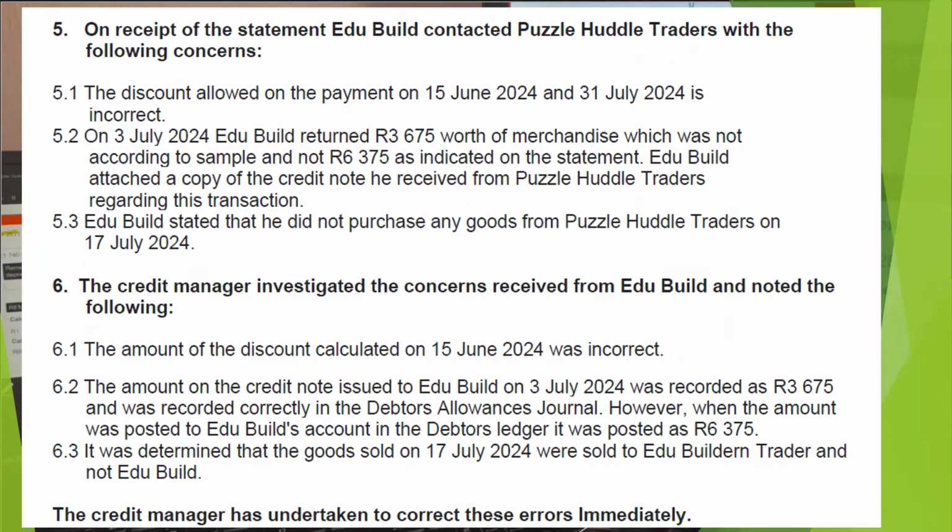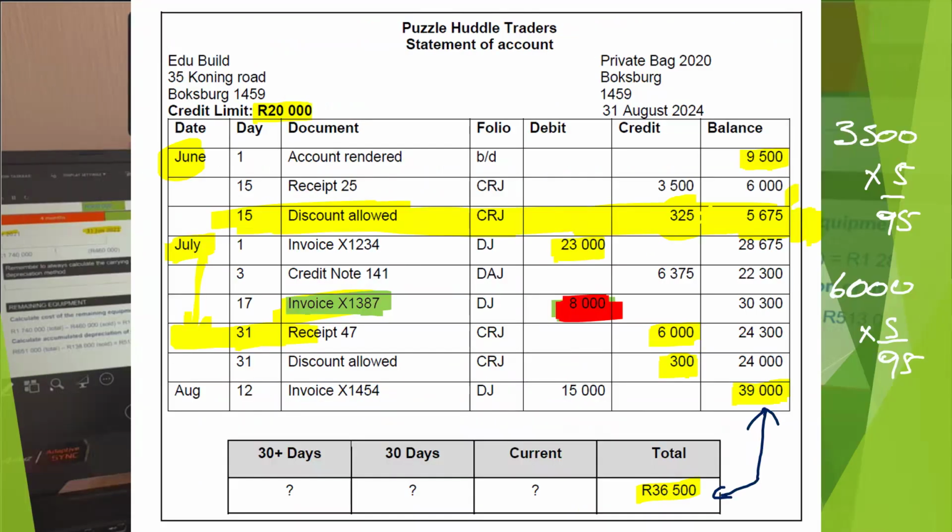Now they say the credit manager investigated the concerns received from EduBuild and noted the following. The amount of the discount calculated on the 15th was incorrect. So that is the only amount that was incorrect, and that is the only amount that we have to actually correct. How do we correct it? Please note that the discount was recorded as 325.